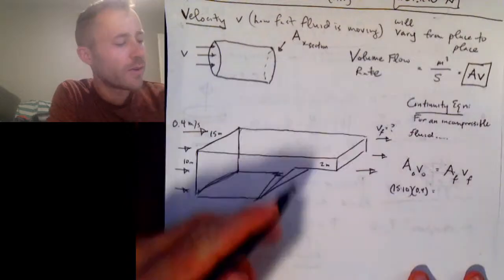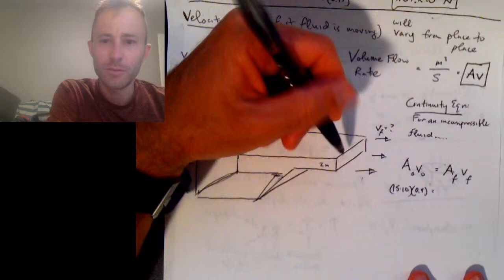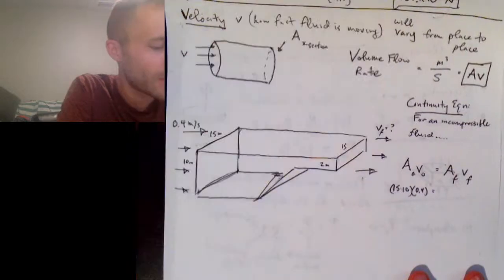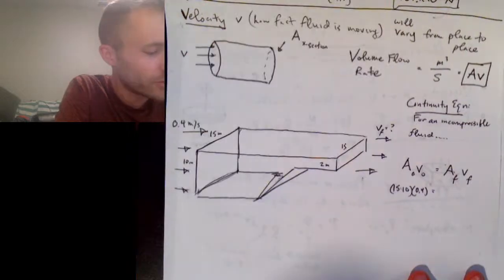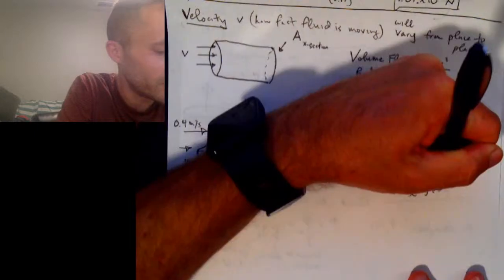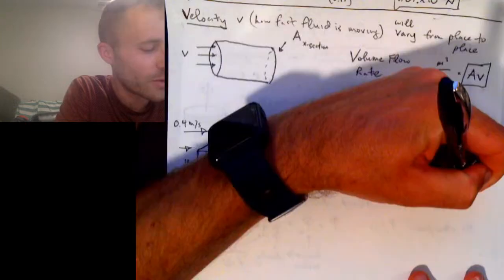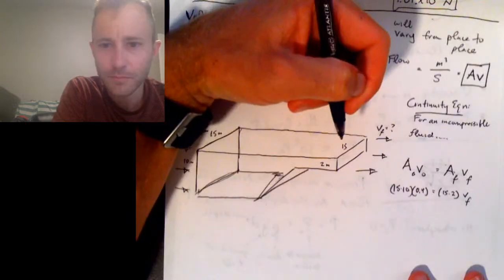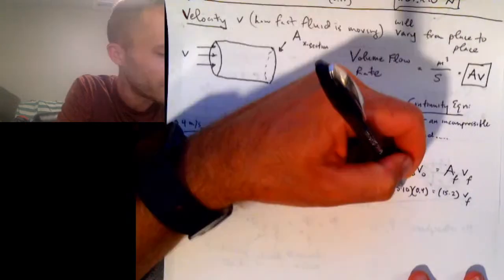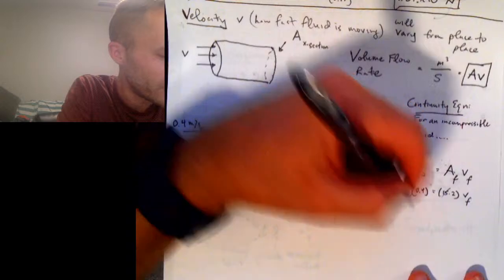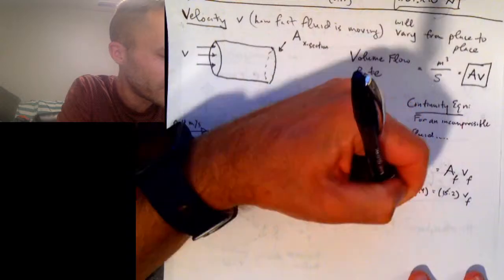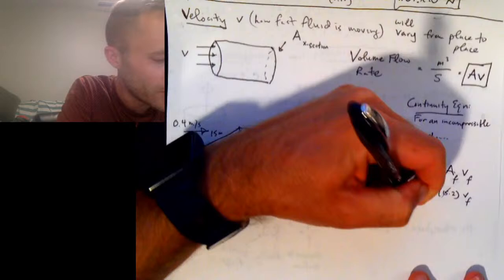The final area, well, the river is still 15 meters wide, but now it's only 2 meters deep. So it's going to be 15 times 2. And then we want to solve for V final. The 15s cancel out in this case, and so I get 2 meters per second is V final.